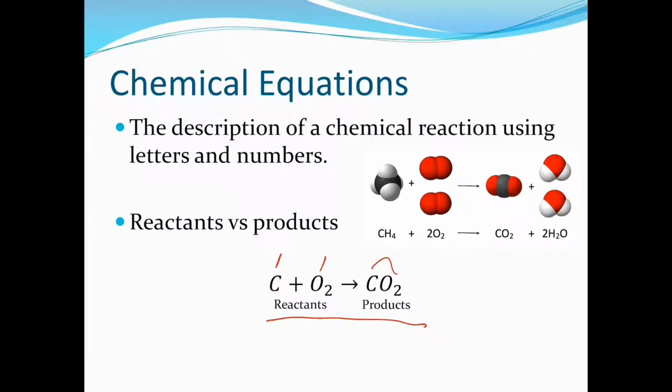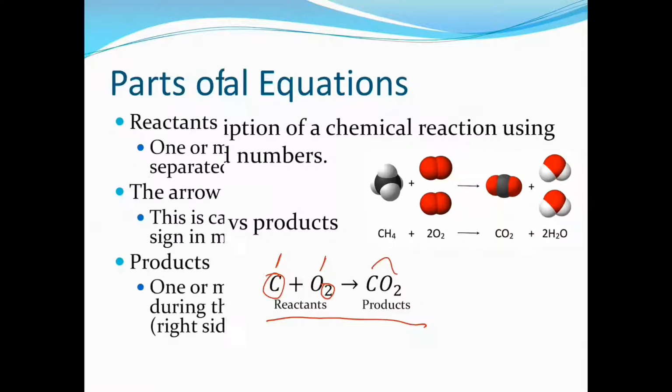This is what I was talking about when I said it was a description of the chemical reaction using letters and numbers. It's explaining what is happening because sometimes we can't physically see it. Most of the time we can't physically see what's happening as we're causing these things to change, or they're changing on their own. So this is a way for us to understand what is going on at the molecular level.